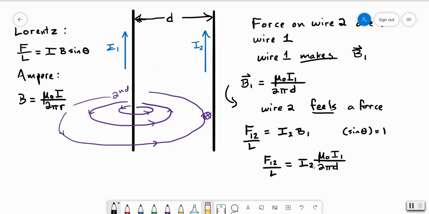Now this I2 here is considered a numerator term, so really what we can do is rewrite this as mu naught I1 I2 over 2 pi times the distance between our wires.